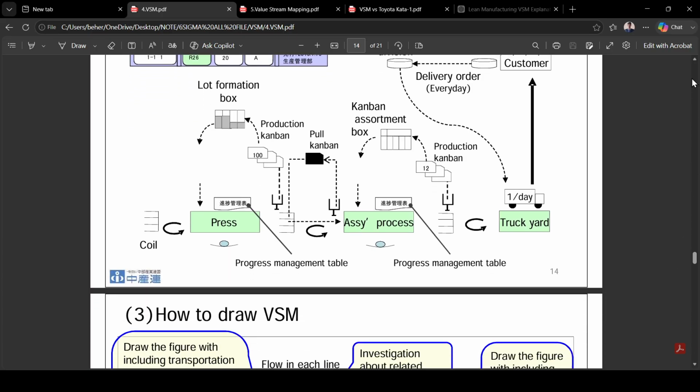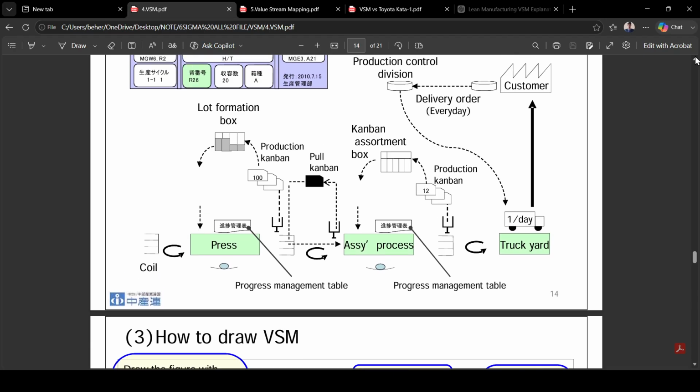See that image, then you can clearly understand about the Kanban utilization.